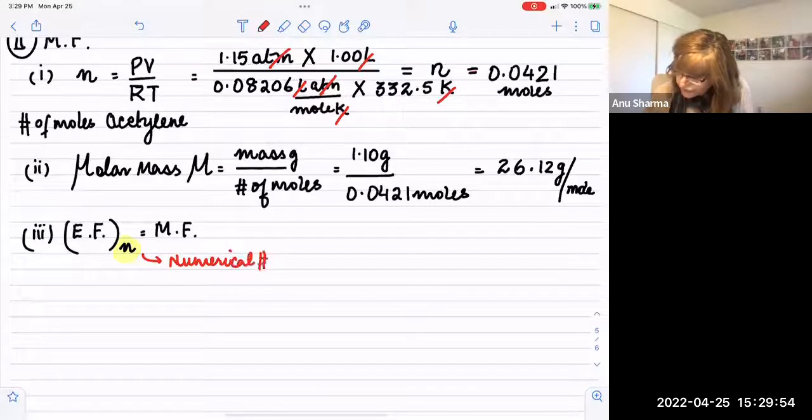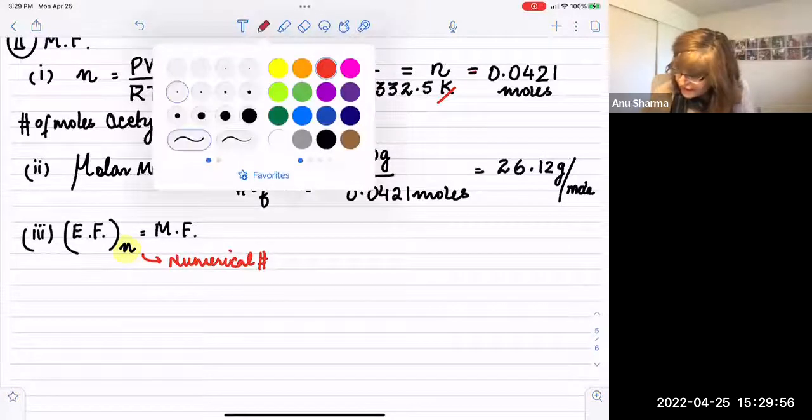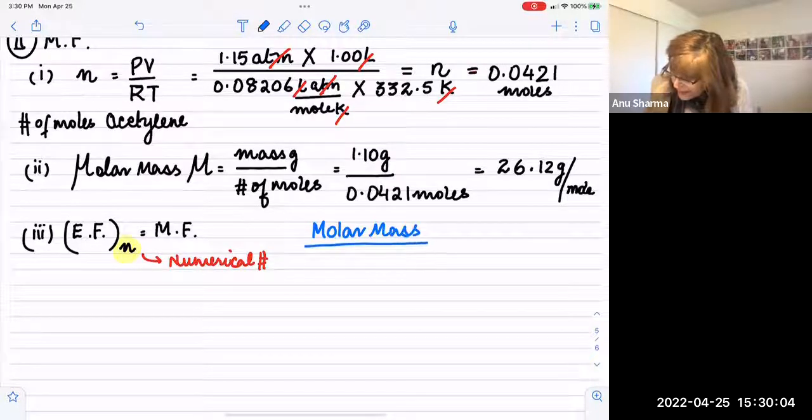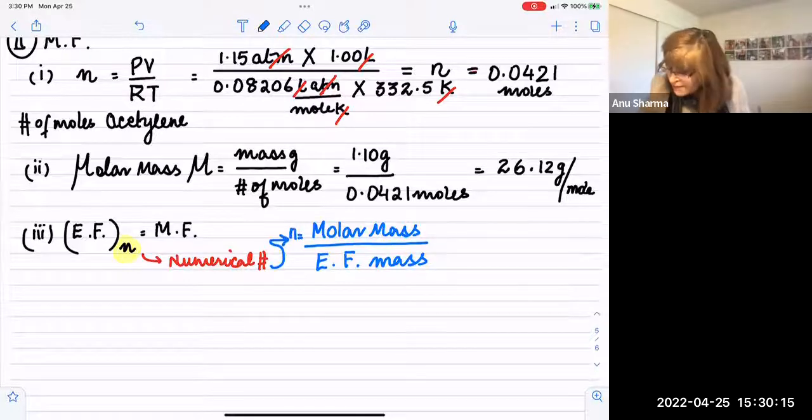In order to do that, you are going to take the molar mass, which you calculated from the top, over the empirical formula mass. And this is equal to this number, n. Okay, so let me just put this correctly.